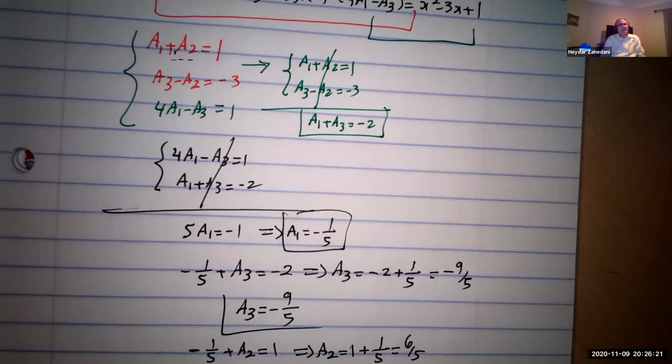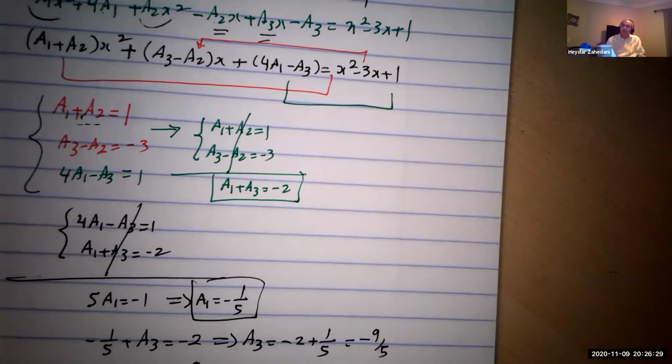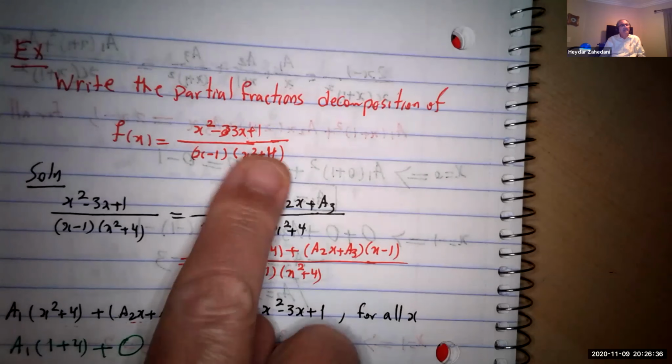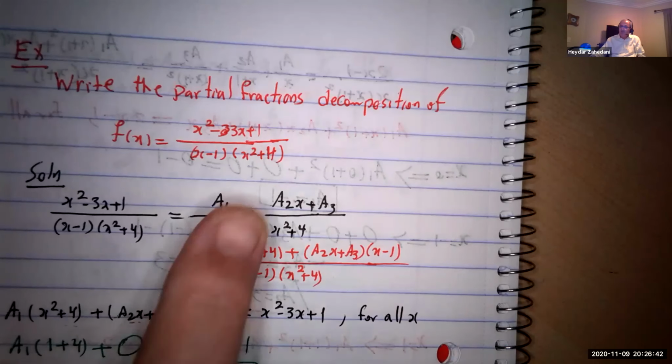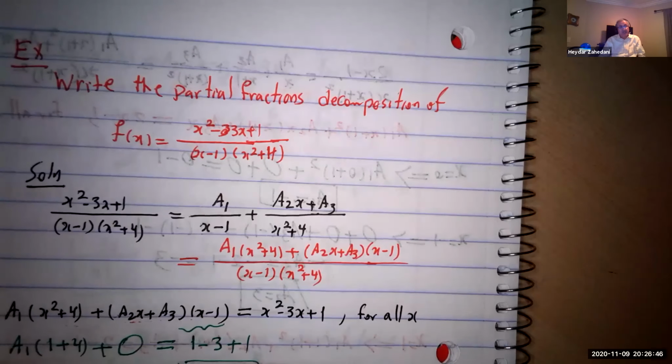There is a fourth case. I just explained it, but we're not going to give you that one. The fourth one is if this is repeated. If there is a square here, it's like the linear one, so you have to write it twice. You get one for x squared plus 4 and one for x squared plus 4 squared.